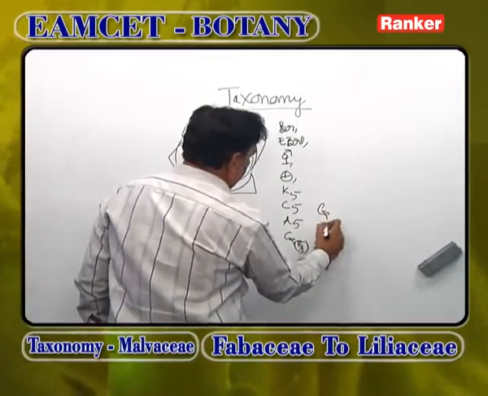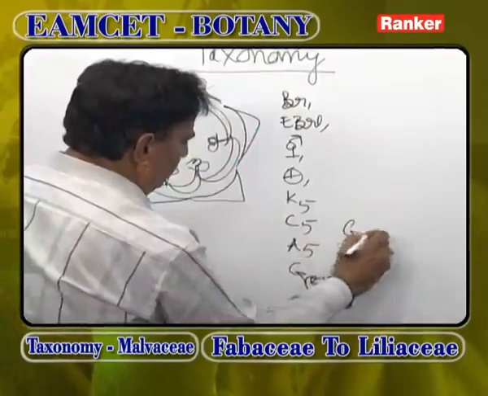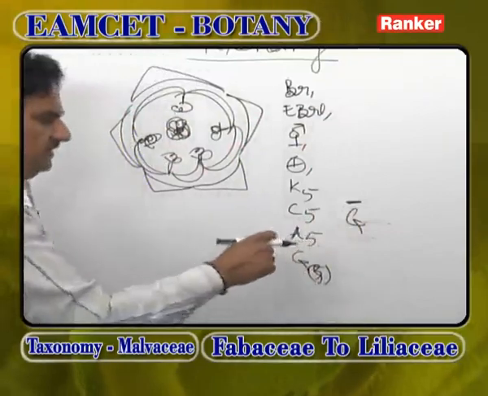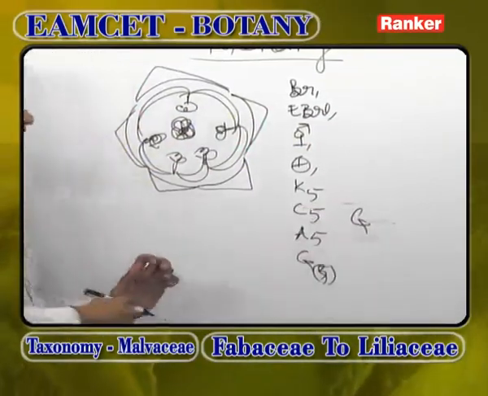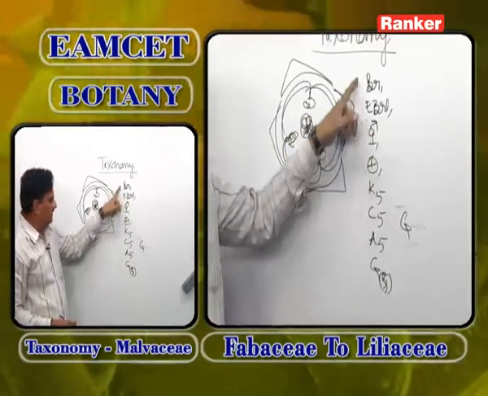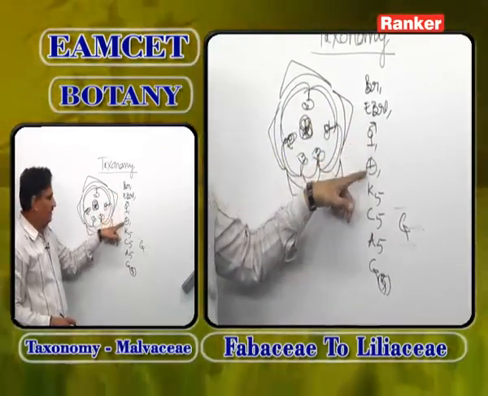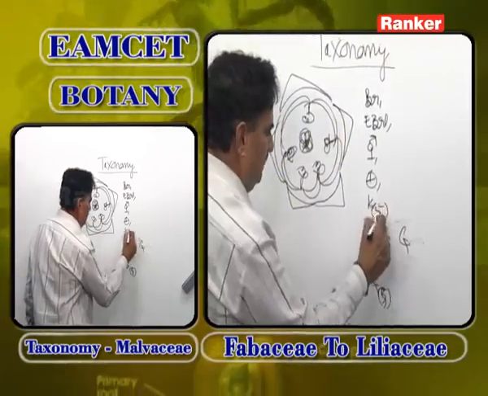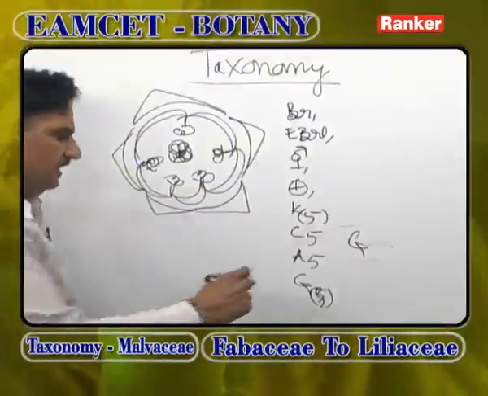If you write the line at the base, it is superior; if you write the line at the side, half is superior; if you write the line at the top, it is inferior. So here you will show bracteate, ebracteolate or bracteolate or ebracteate, bisexual, actinomorphic or zygomorphic, whatever it may be. If 5 is left alone, polysepalous; if they are written in a bracket, gamosepalous.